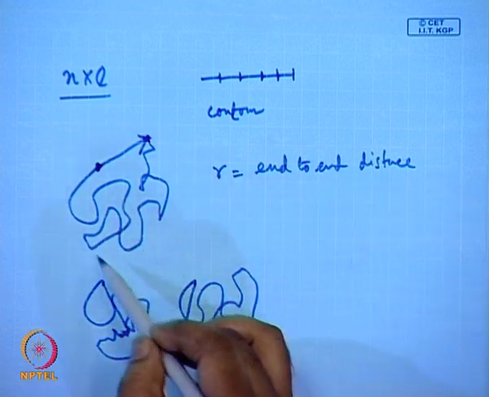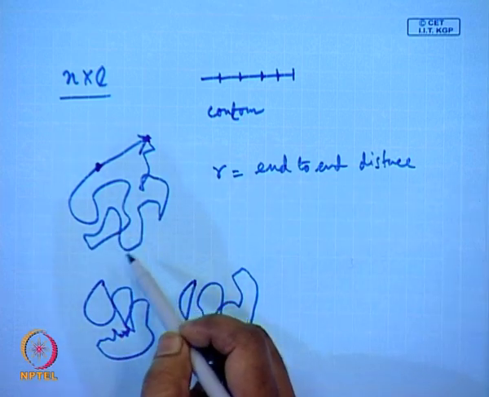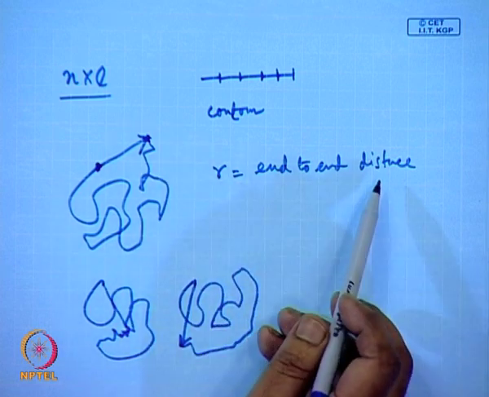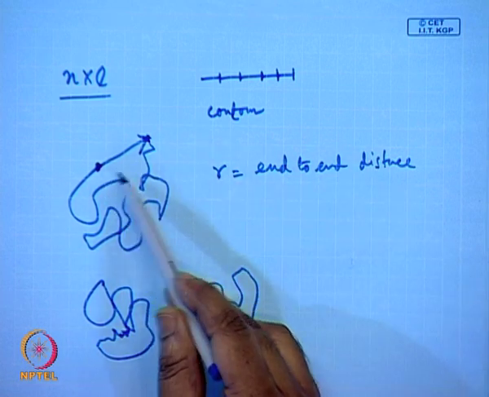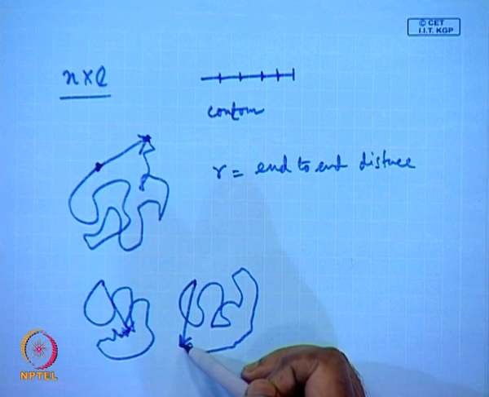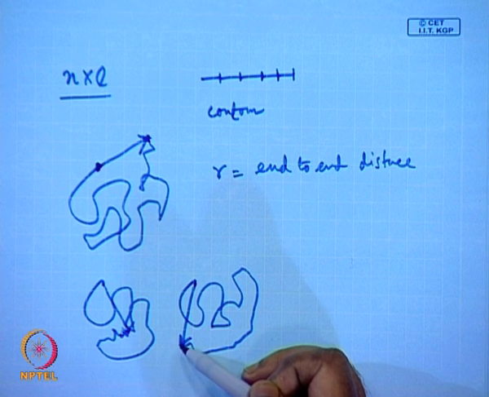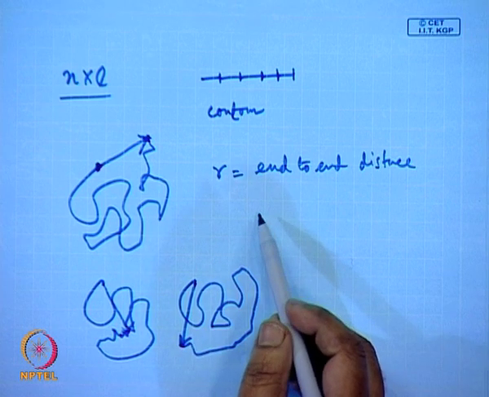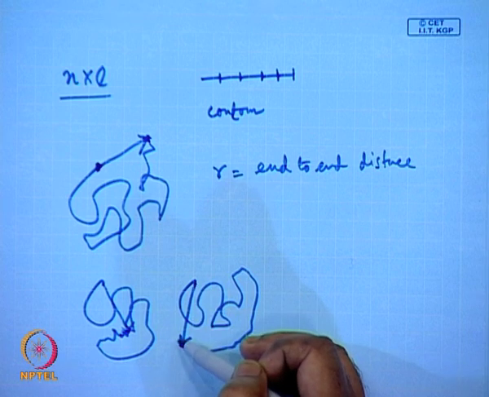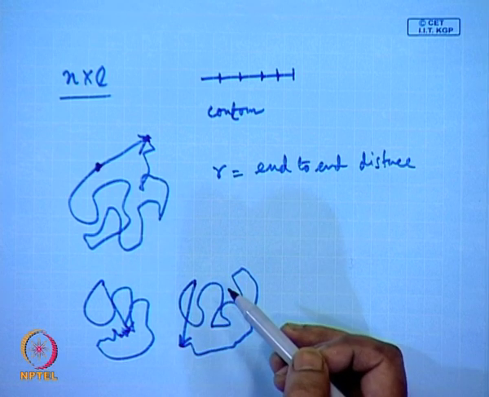As the polymer conformation is changing all the time, you cannot have a fixed value of end to end distance, because this might have some value which is different from this value, which is different from this value. Okay.